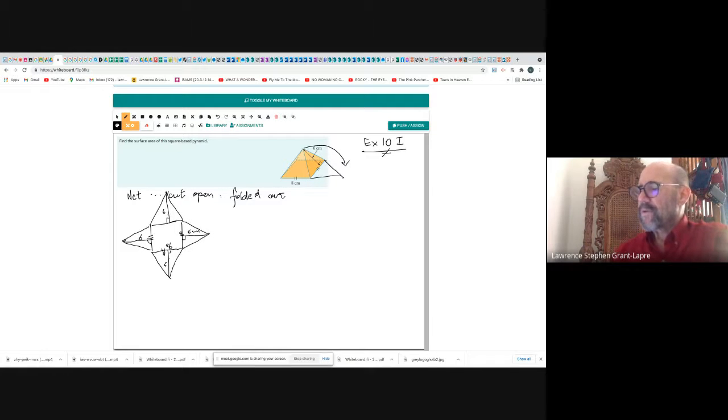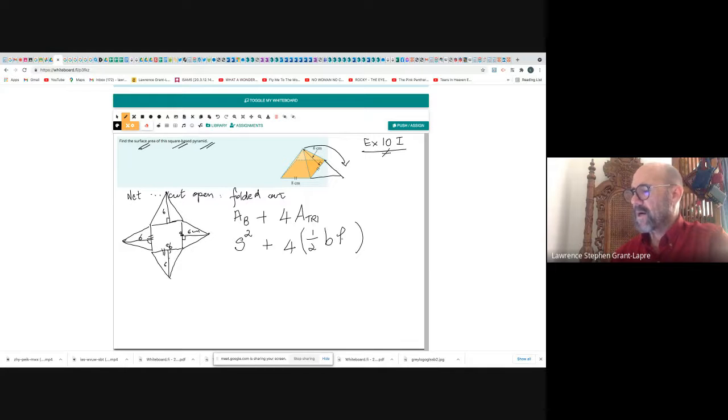So we want the surface area of this square-based pyramid. So we've got the area of the base plus 4 areas of triangles. The area of the base is going to be side squared. It's a square. And each triangle is half base times perpendicular height. So the side of a square is 8, so it's 8 squared.